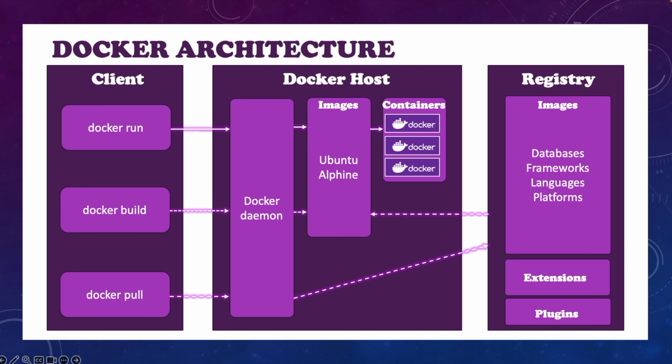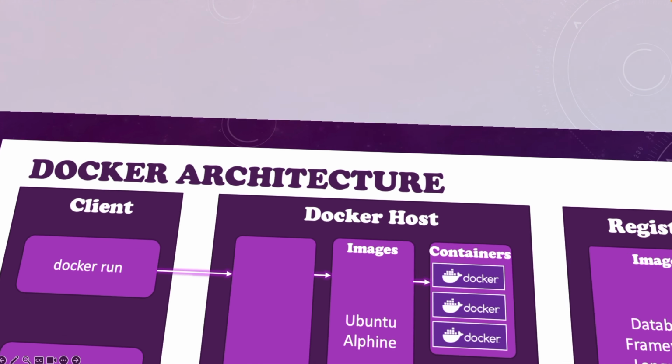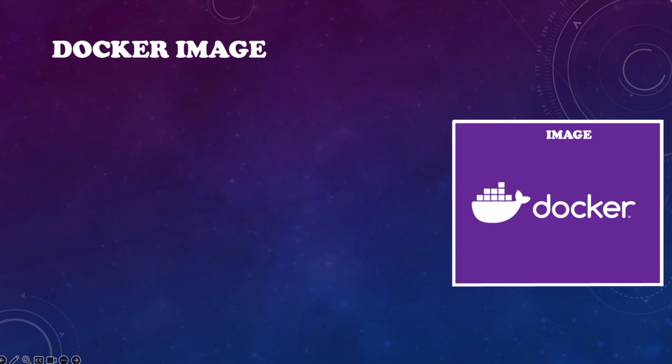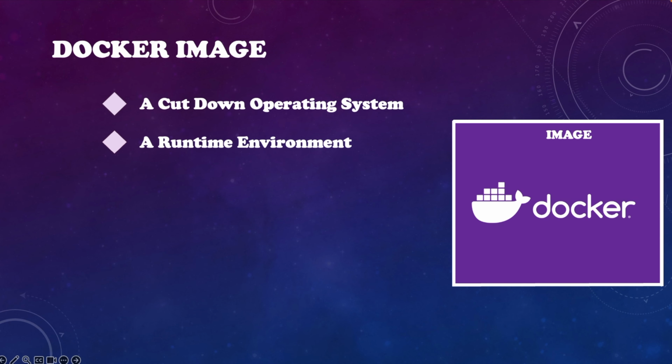Let's take a deeper look at the details of a Docker image. A Docker image is a lightweight standalone executable package for software that includes everything needed for an application. For example, it has a cut down operating system and a runtime environment for your application to run, so all the dependencies and runtime related environment.